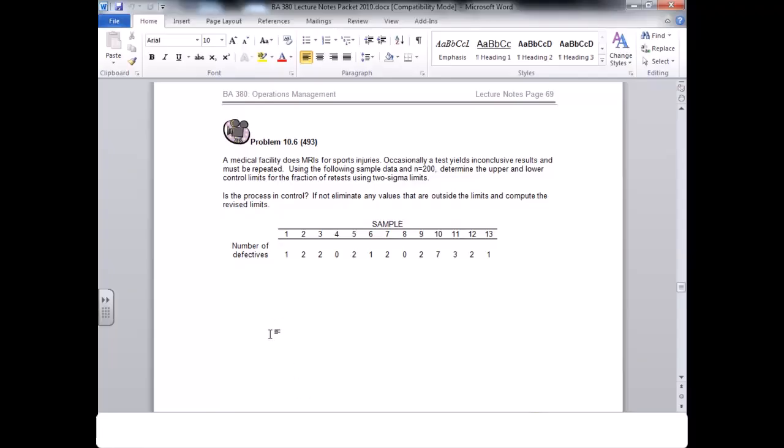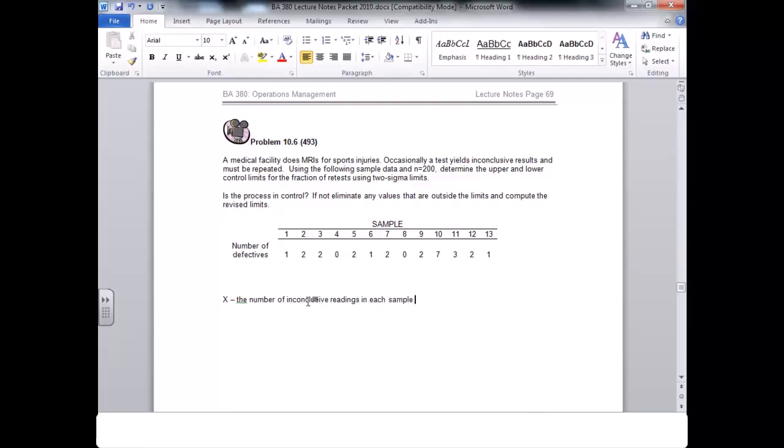So in this problem, how would you define X? The variable of interest, or the item of interest. John? Well, yeah, eventually it will be proportion, but we will define X as the number of inconclusive readings in each sample.